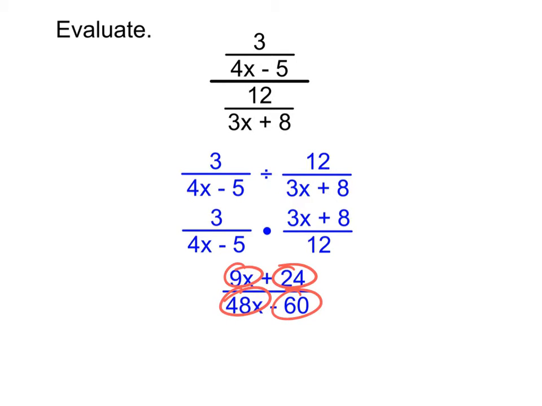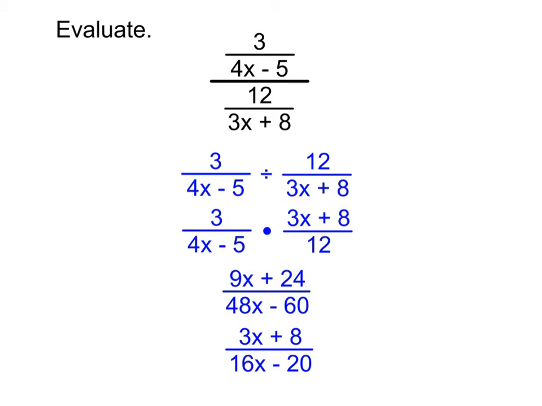And so since I can divide them all by 3, I do so. And then I check that. Can this reduce any more past that? Nope, doesn't look like it. For instance, nothing goes into both 3x and 8. So those two combined right there tell me, no, it won't reduce anymore. So this is our final answer.